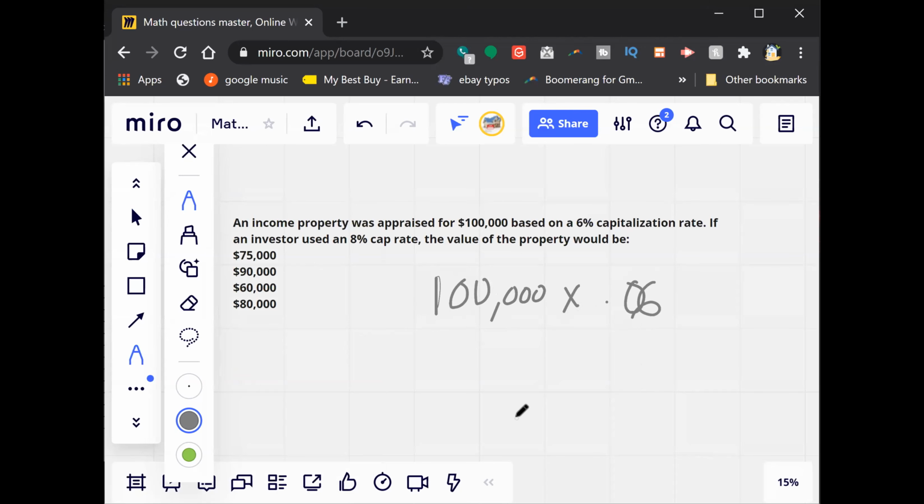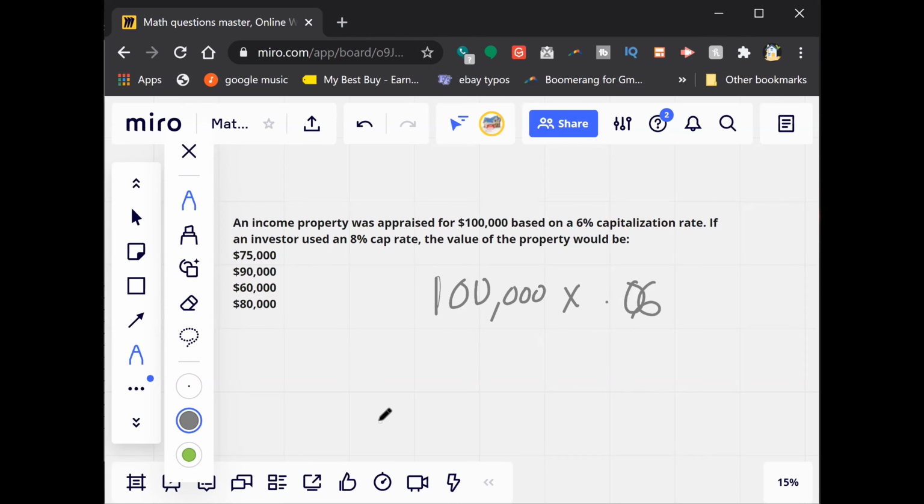Sherry, save your information, because you just put out a very important piece of information. You said the income divided by the rate will give us the value. That is correct. But my question to you is this: do we know the income yet, Sherry? I don't think we know the income just yet.